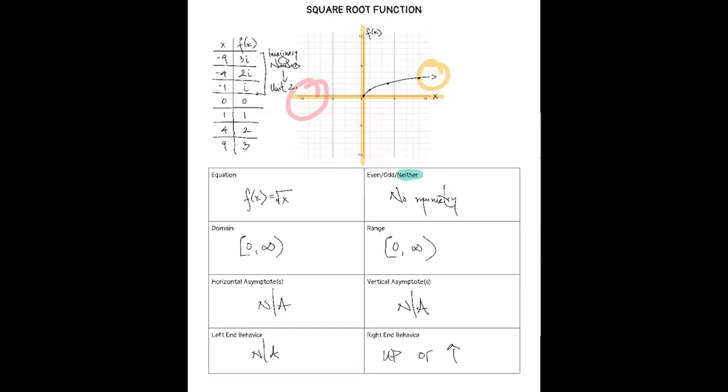All right, so that's it for the parent functions right here. So what we're going to do is this. Let me stop sharing the screen. Where did you guys go? Okay. So what we're going to do is this. Let's practice a few of these parent functions with graph transformation. Does that make sense? So we're looking at the parent functions, but we're going to practice doing graph transformations with them like we did with our exponential and our log function, okay?